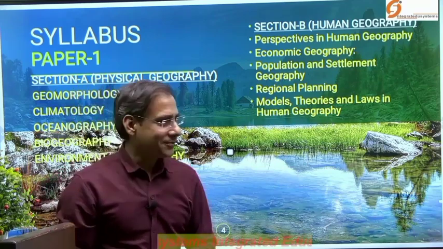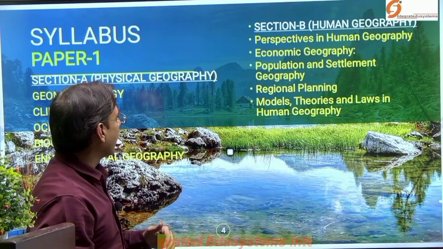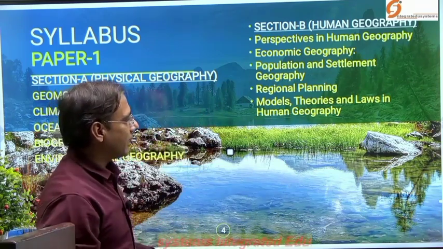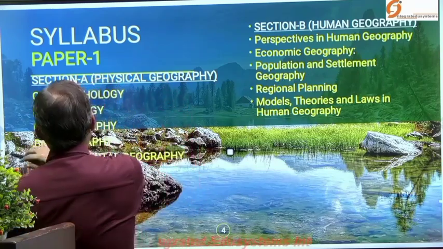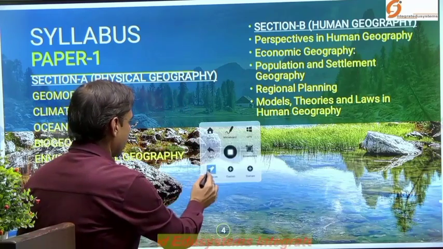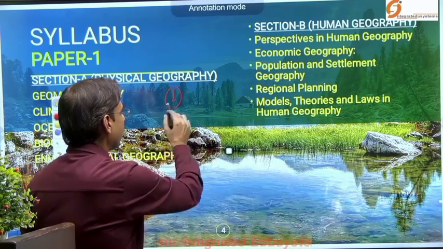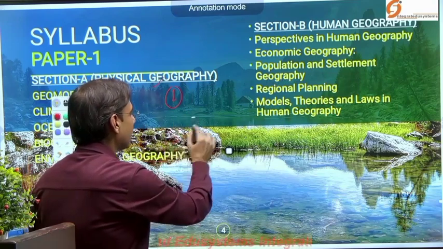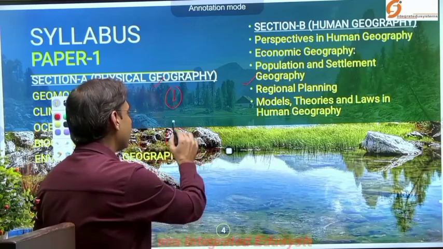Now when you look at the nature of questions from both Section A and Section B, the first question in UPSC Geography optional Paper 1 came from this section and the 5th question from this section, and the 1st and 5th are compulsory.